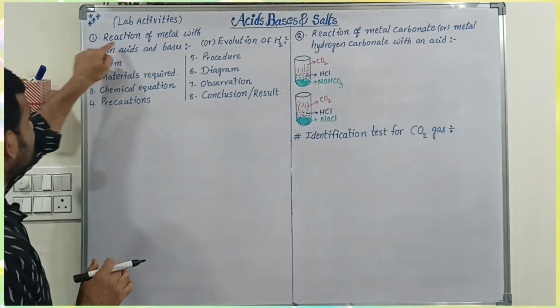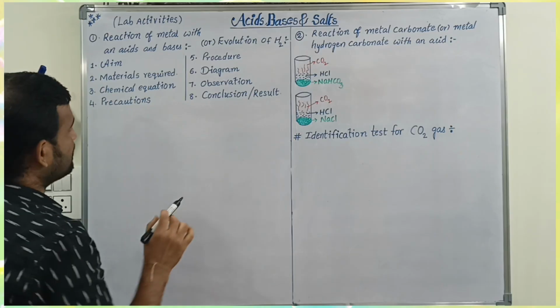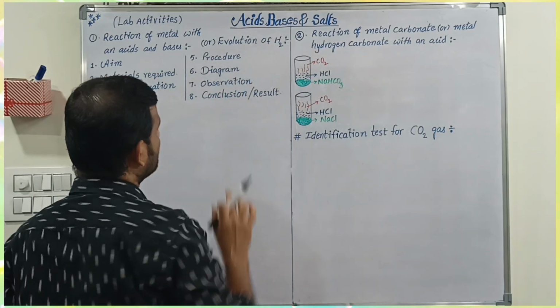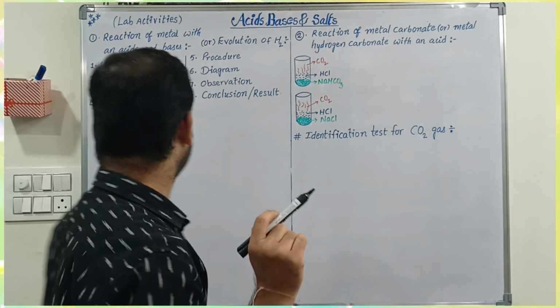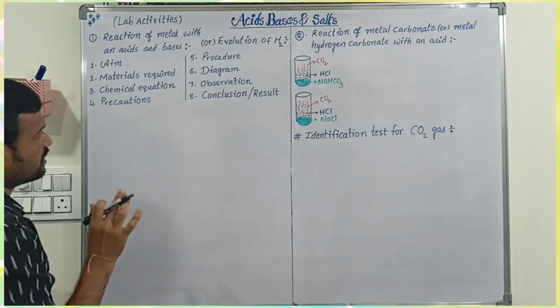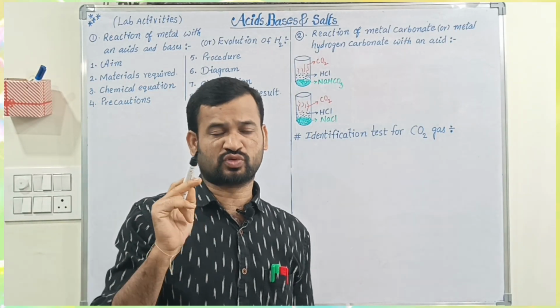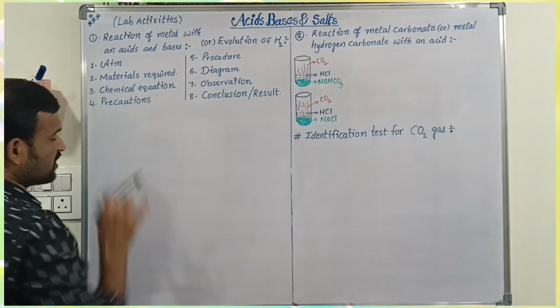First one, reaction of metal with acids and bases, which is also given as evolution of hydrogen gas. In the lab activity we should follow this proforma. If a lab activity question comes in the examination, we compulsorily should follow this proforma.